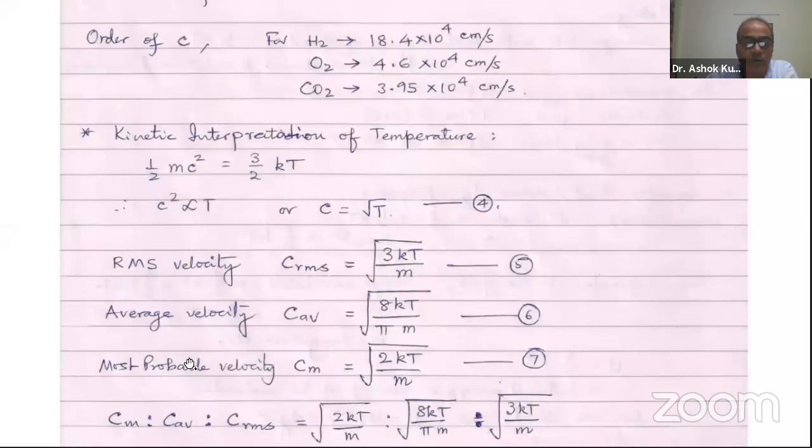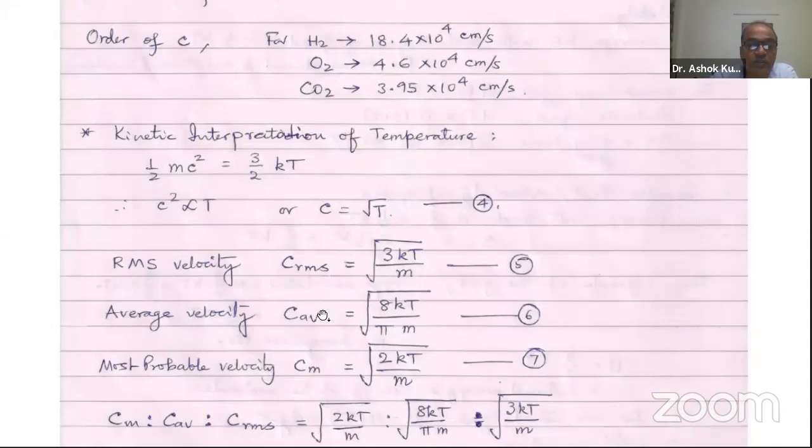Okay. So now the average velocity, what is this average velocity? Average velocity, RMS velocity, and most probable velocity, these three are different. The RMS velocity is found out by the expression already given earlier. The average velocity is simply the mean of the velocities of different molecules.